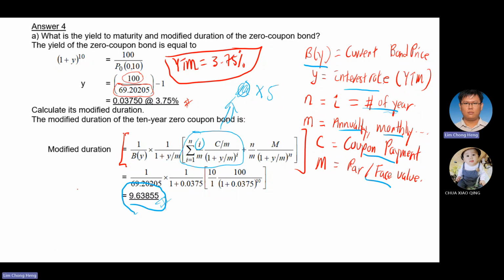So the next is the modified duration. For modified duration, we have another formula to calculate it.